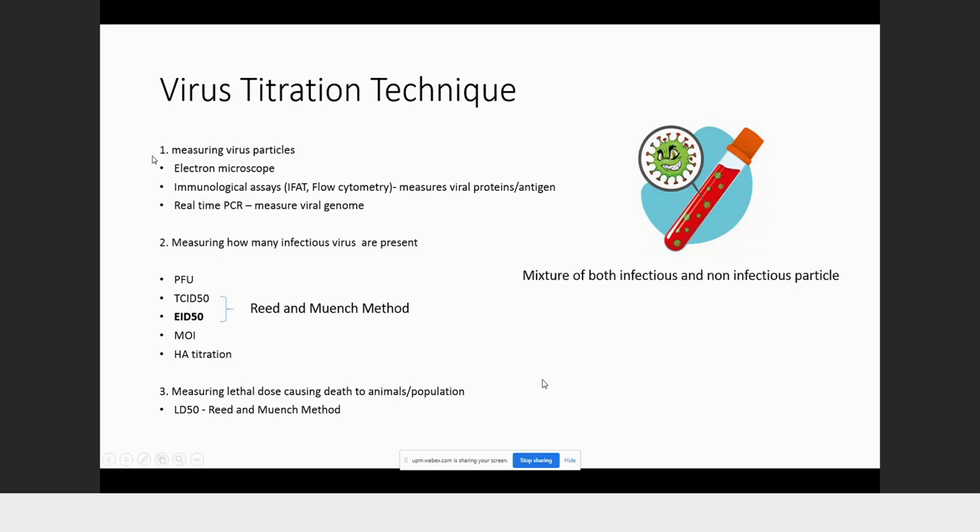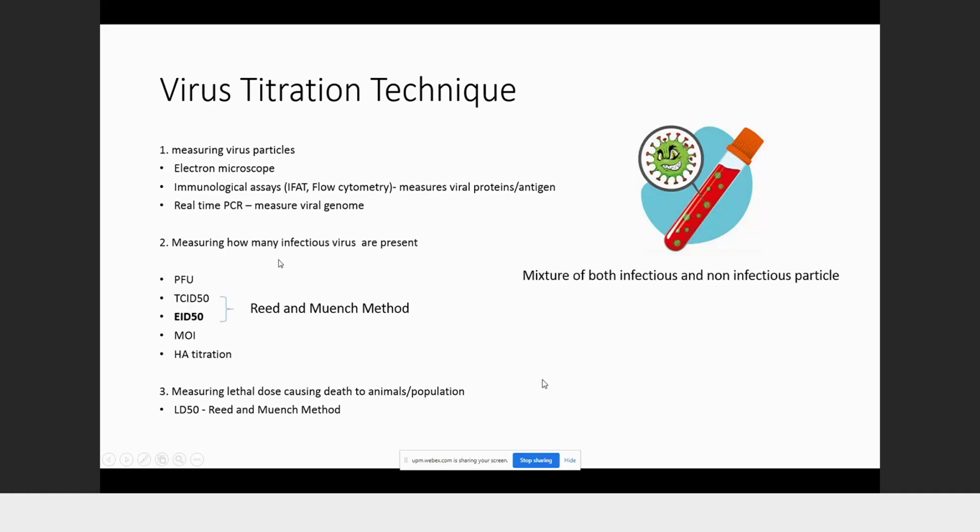Or you can also use immunological assays such as immunofluorescence, quantitative immunofluorescence antibody test, or flow cytometry, which can measure how many viral proteins or antigens are present in your samples, particularly in cell culture. On top of that, you can also use a very rapid method known as real-time PCR, a quantitative kind of PCR, where you can measure the viral genome.